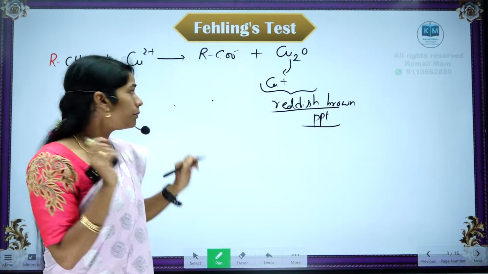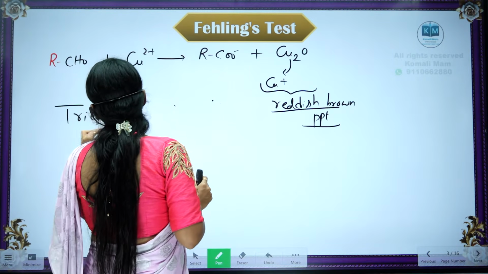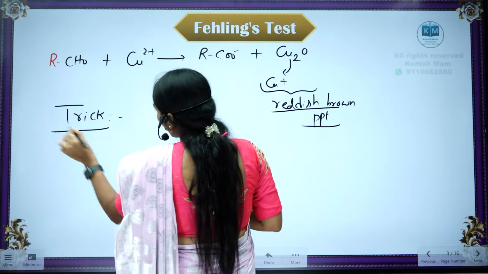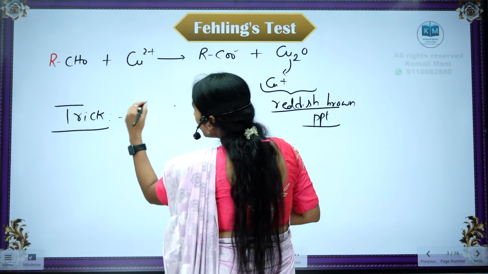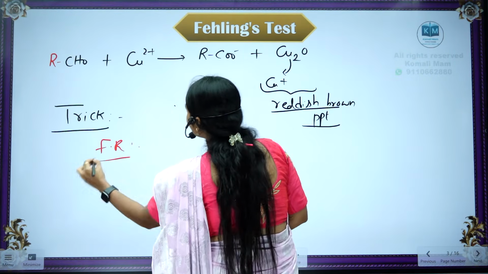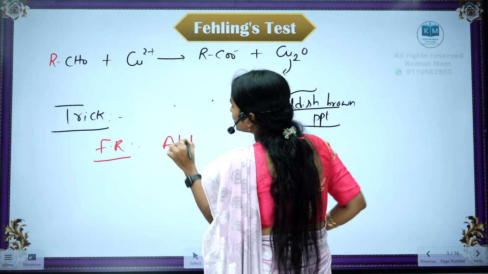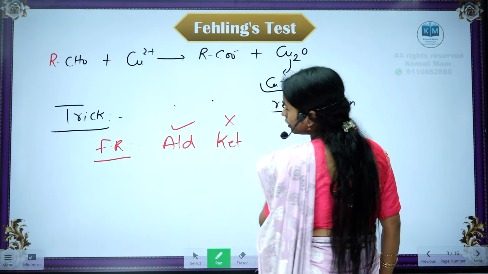But one important point I want to tell you. Here the easiest technique to identify is Tollens. How Tollens is the test for aldehydes, same way Fehlings reagent is also the test for aldehydes. It gives a test for aldehydes, whereas it doesn't give the test for ketones.